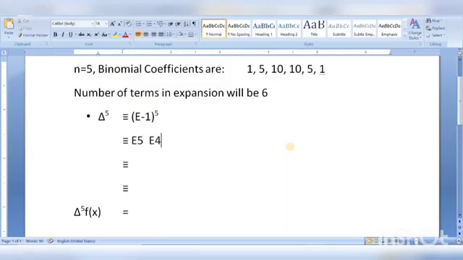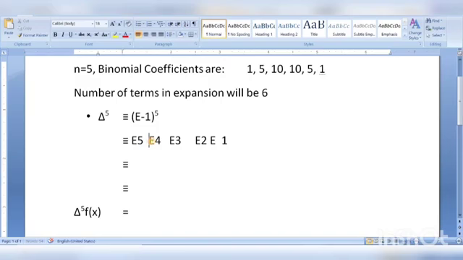e raised to 4, then e cube, then e square, then e, we don't write e raised to 1, and the last term is 1. Always the last term is 1.